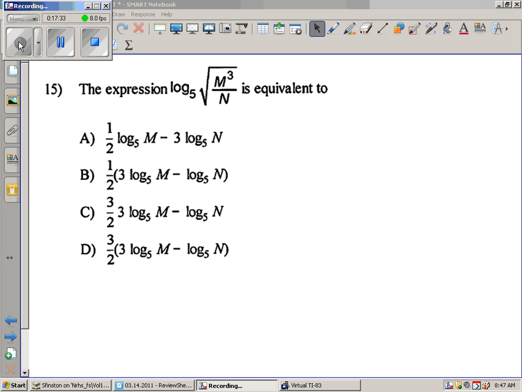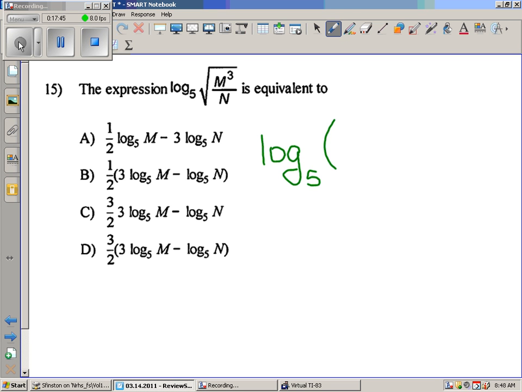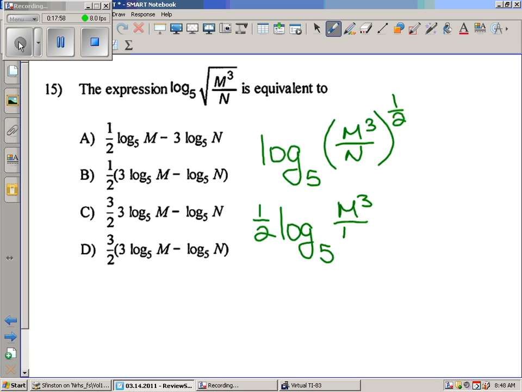Let's play again. This time, does everybody remember what the square root symbol is in terms of an exponent? 1/2. Very nice, Kelly. So this is going to be log 5 m cubed over n raised to the 1/2. The 1/2 pops down in front. We get 1/2 log 5 of m cubed over n.